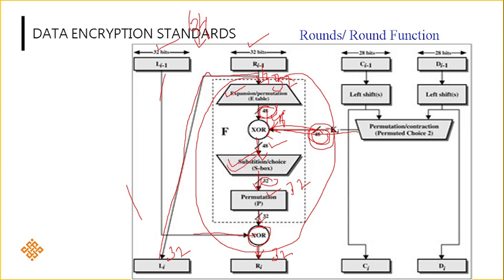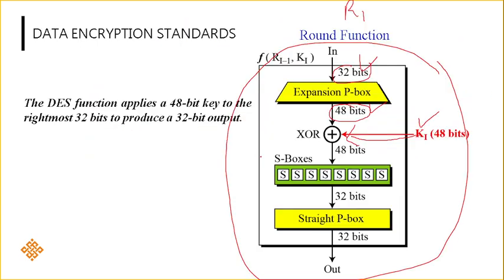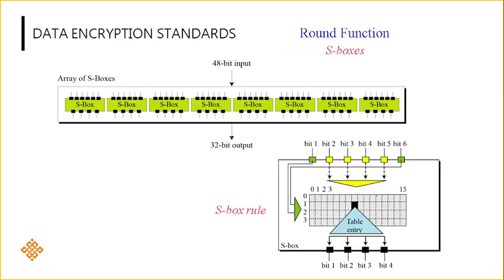So what happens in the substitution box? Let's see now. The 48 bits are coming to the substitution boxes and we are reducing them into 32 bits. So how is it happening? See here, these are the substitution boxes, and there will be a total of 8 substitution boxes: 1, 2, 3, 4, 5, 6, 7, 8.